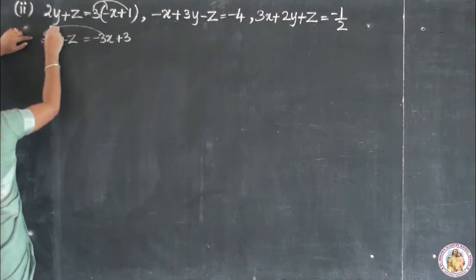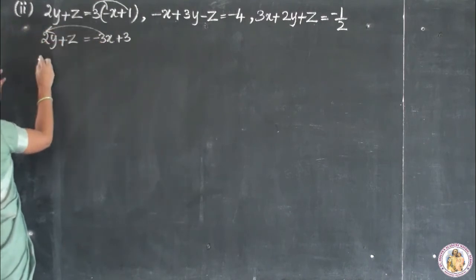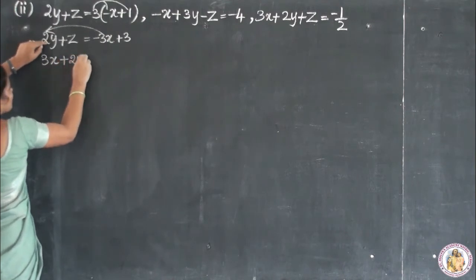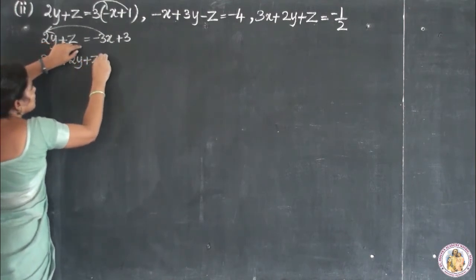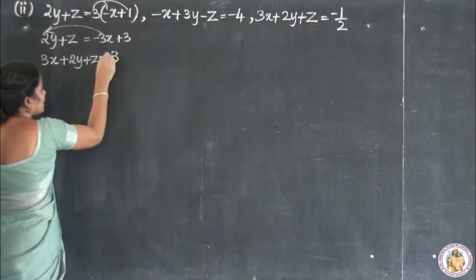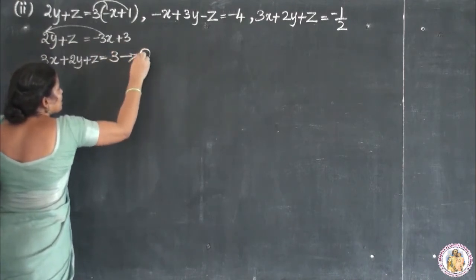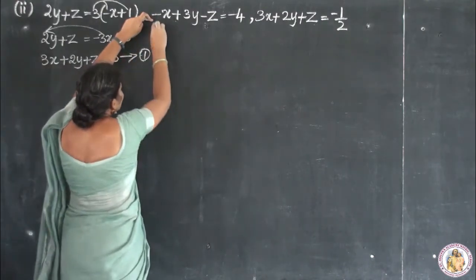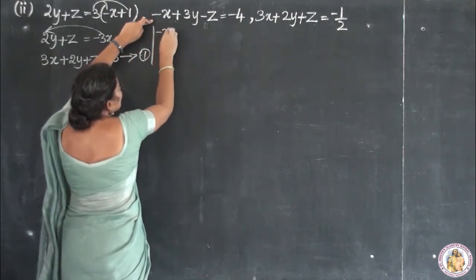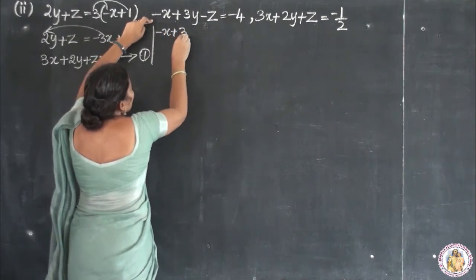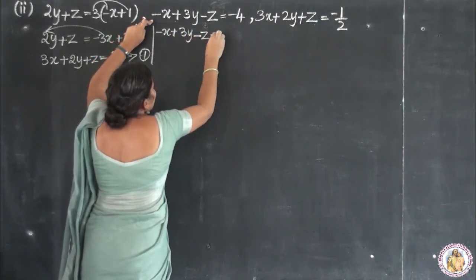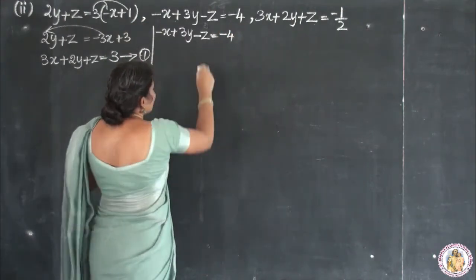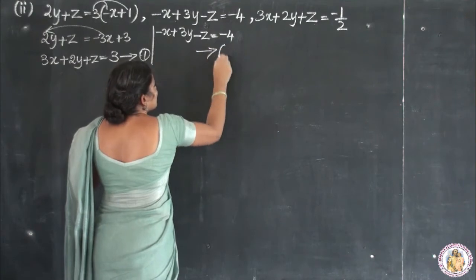Now taking minus 3x to the left side, that is 3x plus 2y plus z is equal to 3 as the first equation. Okay. In the second equation, here we have minus x plus 3y minus z is equal to minus 4. It's already simplified. So taking this as the second equation.